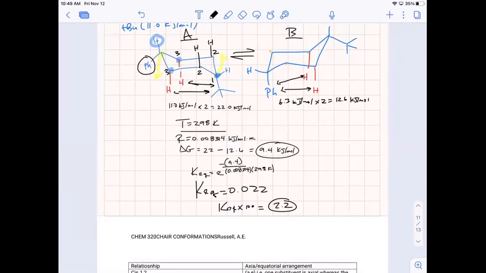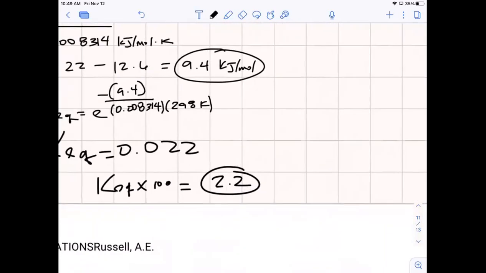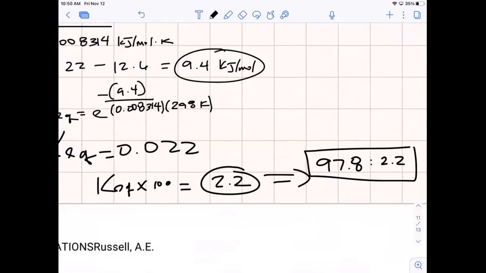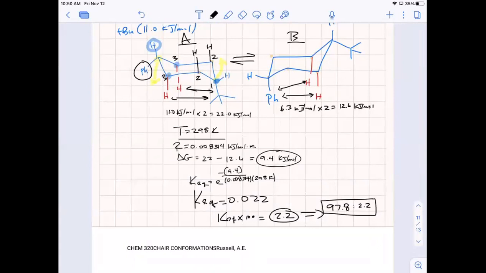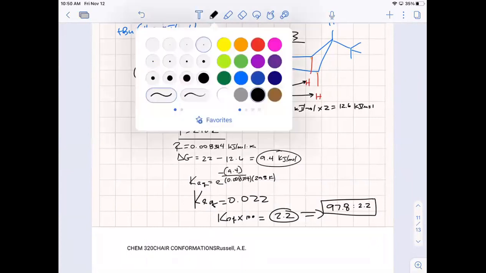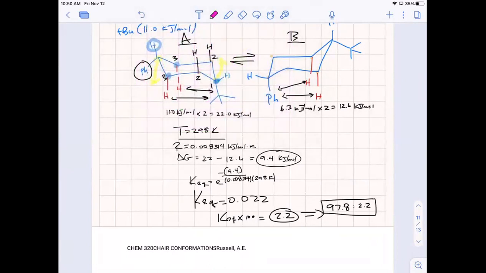If one part of the ratio is 2.2 and the total has to be 100, then the ratio must be what? 97.8 to 2.2. Is that right? Yes. All right. So now let's go back up here. Which one is going to be present in 97.8%? The second one? Exactly. This B, right?